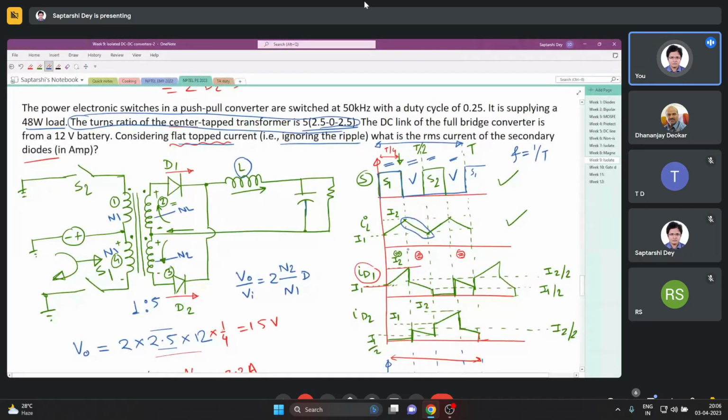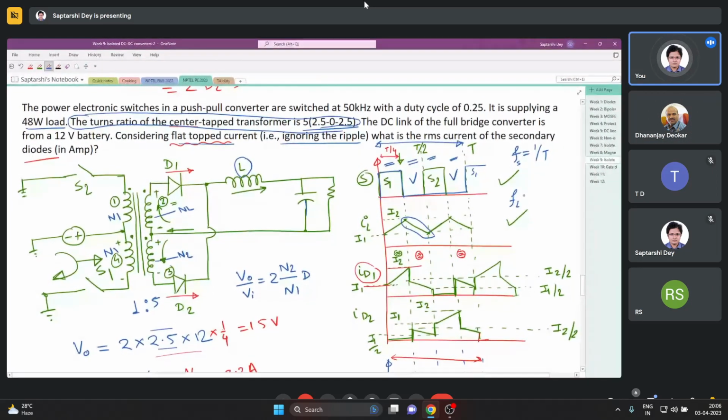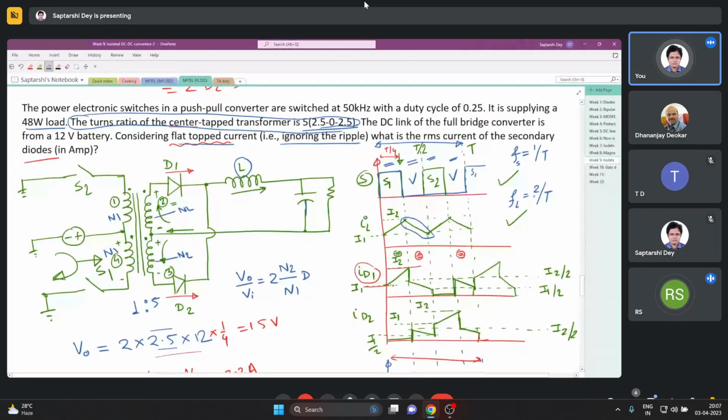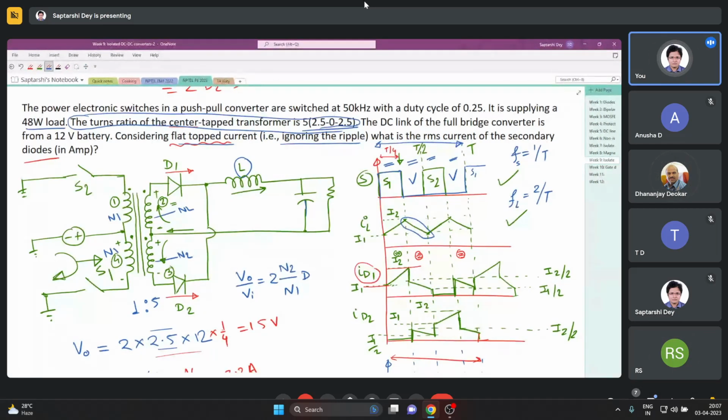But now if you look at the inductor current, what is its frequency? It is 2 times that F. So the frequency of the inductor current is 2 by T, not 1 by 2T. In one time period, it is repeating itself twice. So basically you are not going for higher switching frequency, but still in your magnetics you are getting higher frequency.